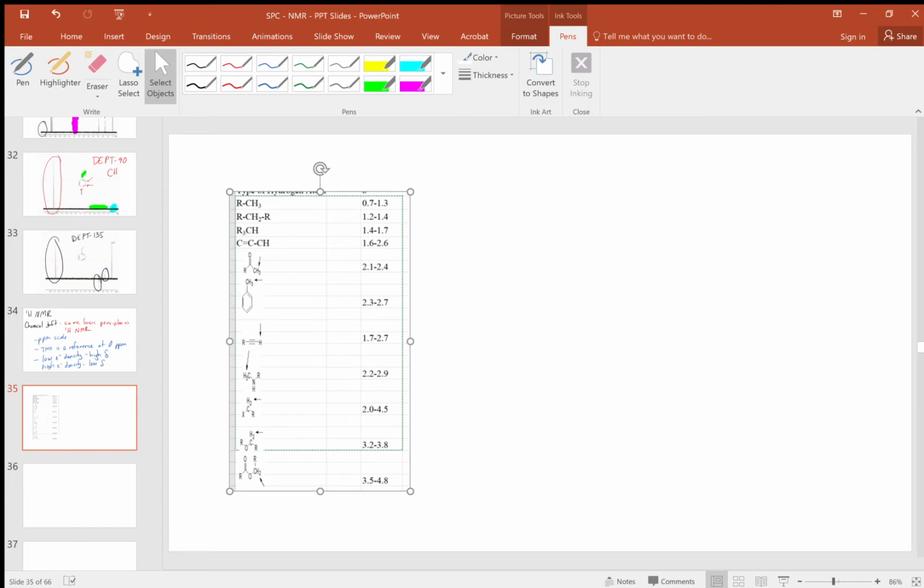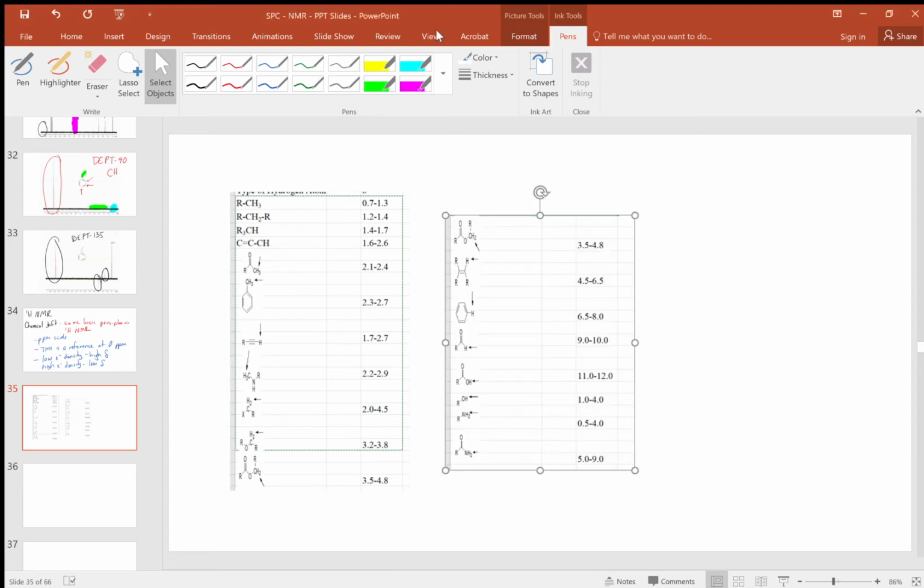So there's the first half of our chart. And there's our second half.